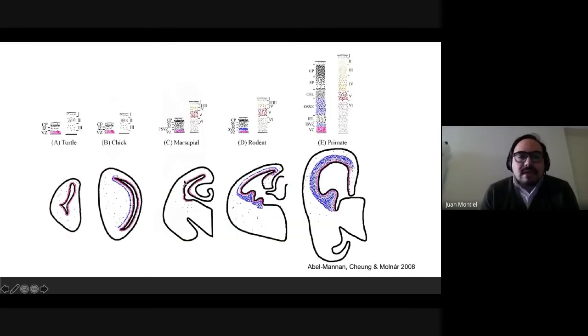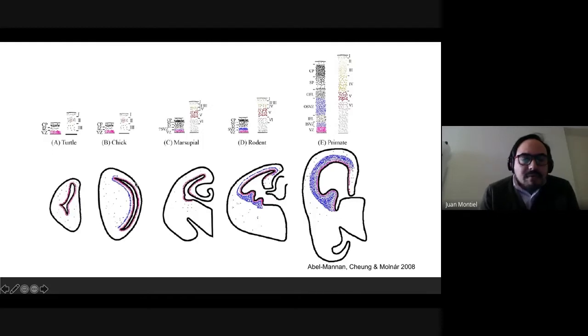But also we can see that the proliferative regions are different across vertebrate species. First, we have the turtle brain. This is a coronal section for one hemisphere, and in the middle there is a space. In the lower figure, we can see this pink color lining the ventricle, and that is the ventricular zone, which has progenitors that are going to form neurons.